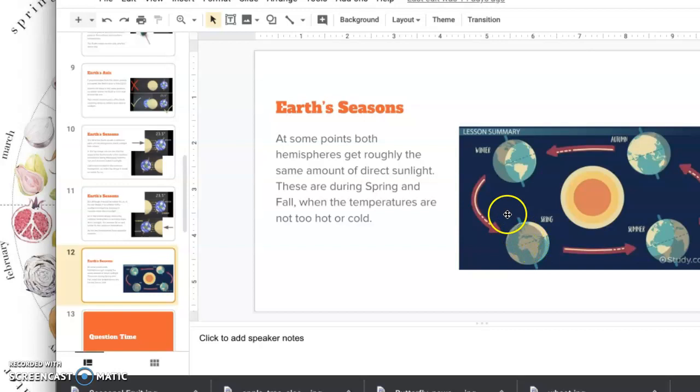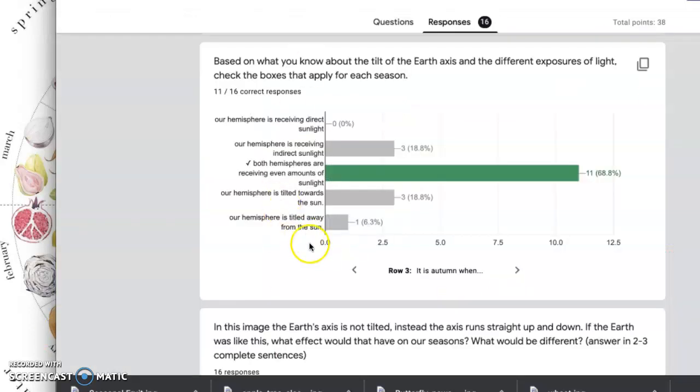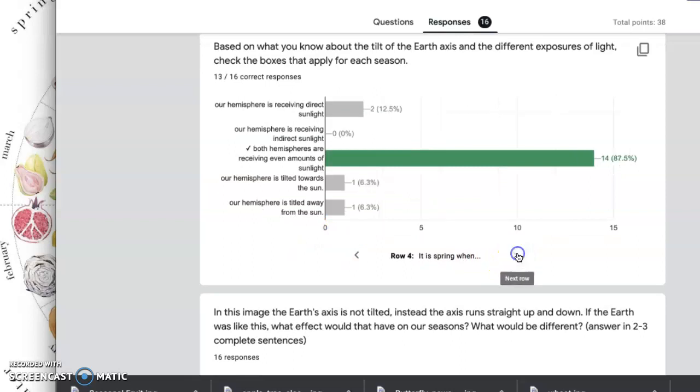As you can see here, during spring and autumn, neither hemisphere, neither north nor south, is tilted towards the sun. So both are receiving even amounts of sunlight. The same response would be correct for spring.